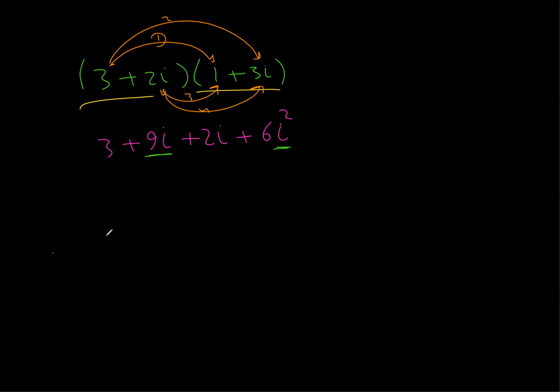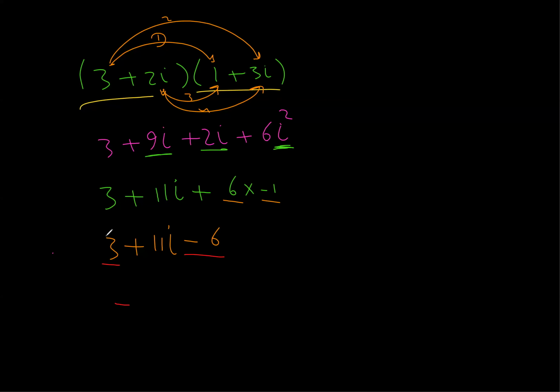Now these two, we add them. So that means I keep 3 as it is. 9i plus 2i is going to be 11 what? 11i. Plus, here it's going to be 6 as you see. But times what? This is i squared. And we know i squared is negative 1. Now this one here, 6 times negative 1 is going to be negative 6. So that is going to be 3 plus 11i. And here it's going to be what? A negative 6. Now you can add 3 with negative 6.